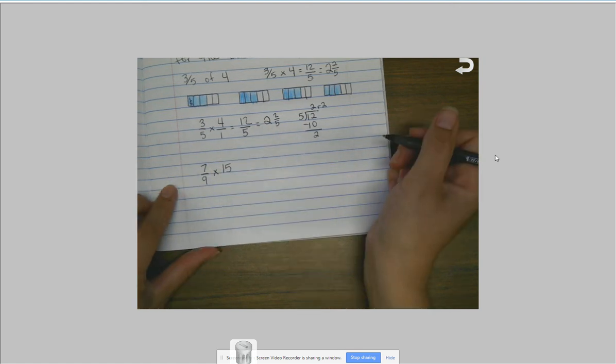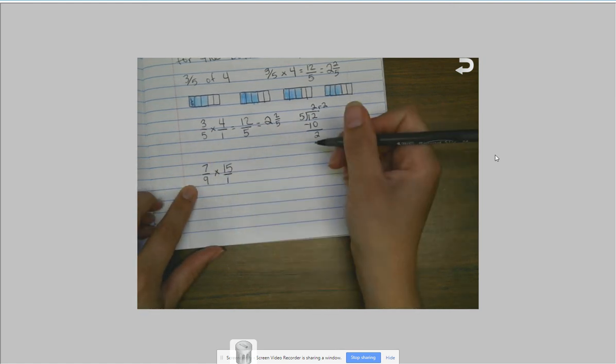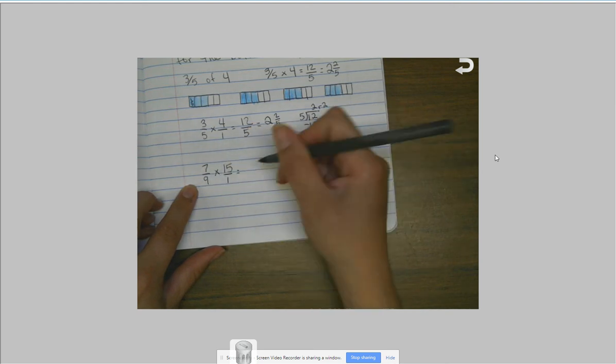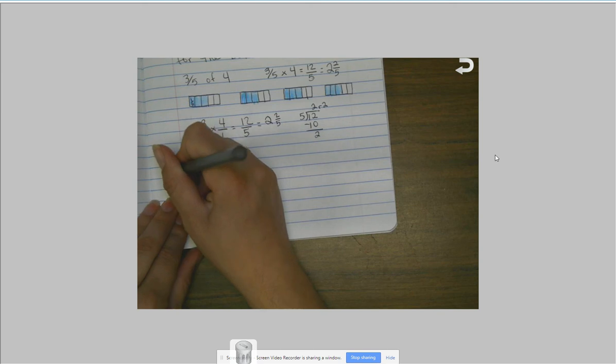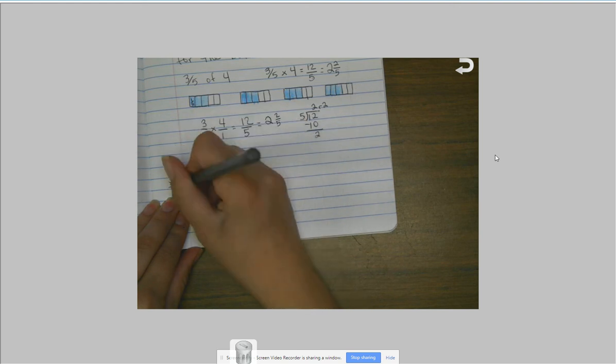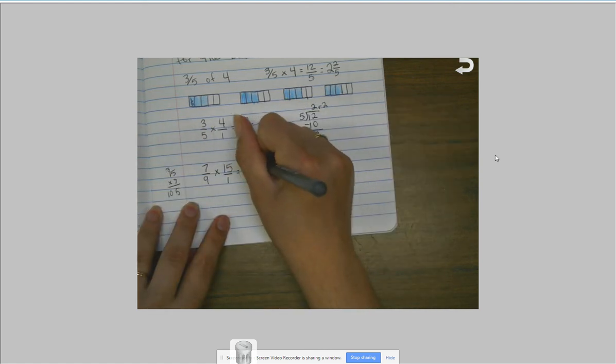Now, if I'm going to turn that into a fraction, 15 would be 15 over 1. 7 times 15, let's do 15 times 7 over here. 7 times 5 is 35. Regroup 3. 7 times 1 is 7, plus 3 is 10. So I get 105 on top.